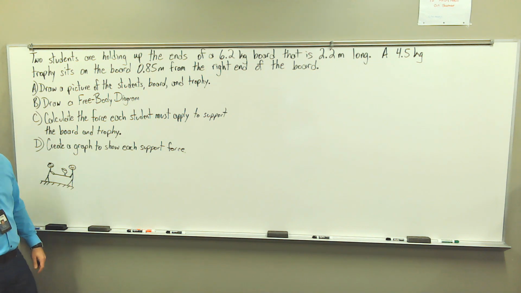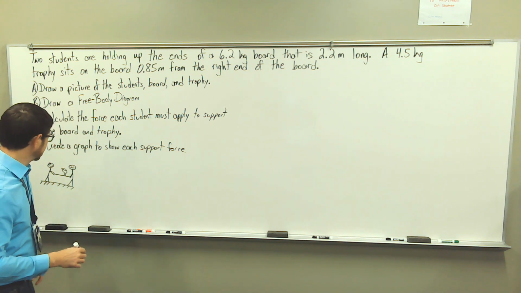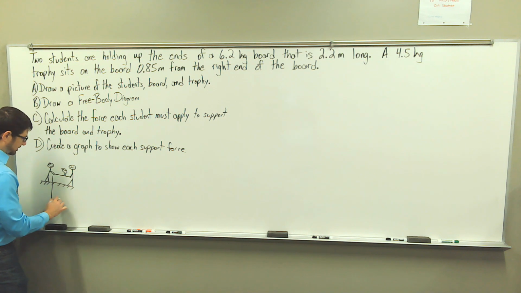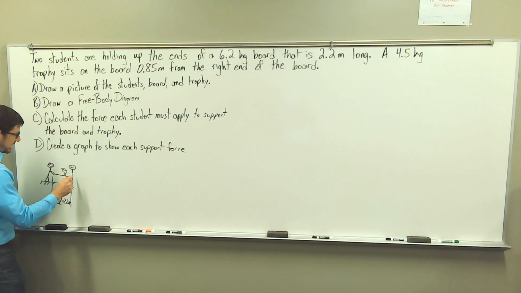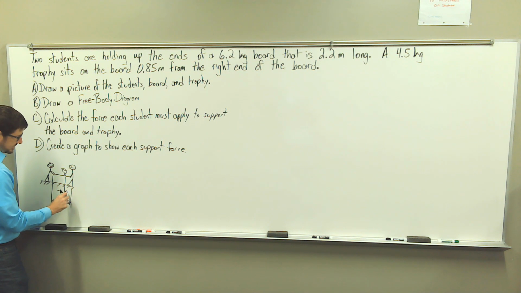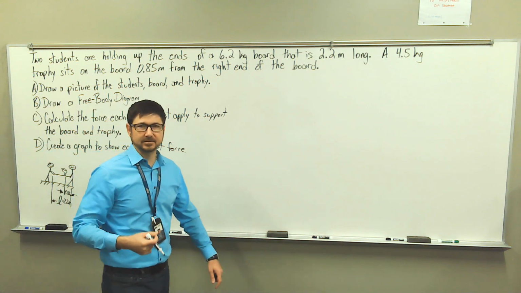And if I'm going to dimension this, we know that the length of the board is 2.2 meters. And then the trophy sits 0.85 meters from the right end of the side of the board.